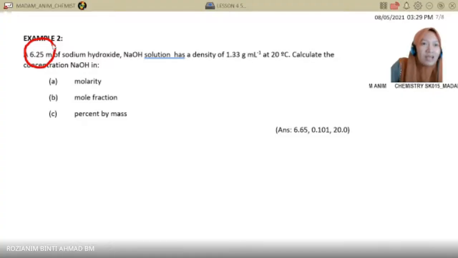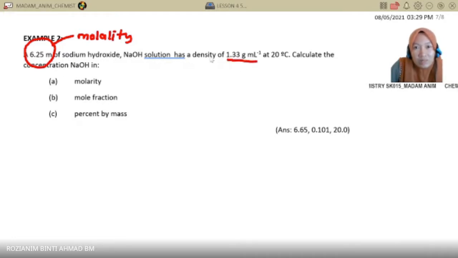Good. Molality. Tu yang kena kenal pasti dulu. Molality. Okay. Sodium hydroxide solution and the density. So this is belong density solution. Okay. Is 1.33. Calculate the concentration of sodium hydroxide according to the 3 measurement given.